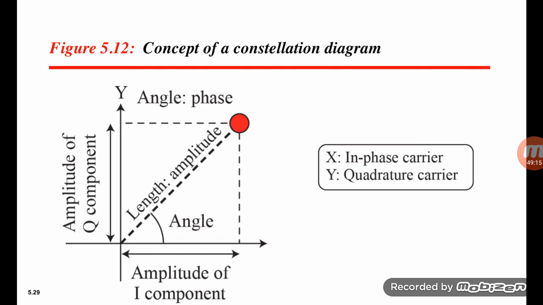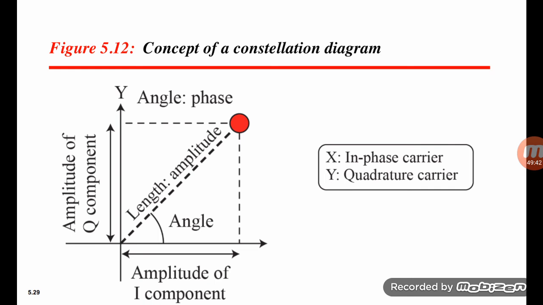This angle shows you the phase. If your signal has 0 phase, then this line will be along the x-axis. If your signal has a phase of 90 degrees, the line will be over here. If your signal is 180 degrees out of phase, then it will be over here, and so on. So instead of drawing the whole signal, we can just use these dots to represent our signals.